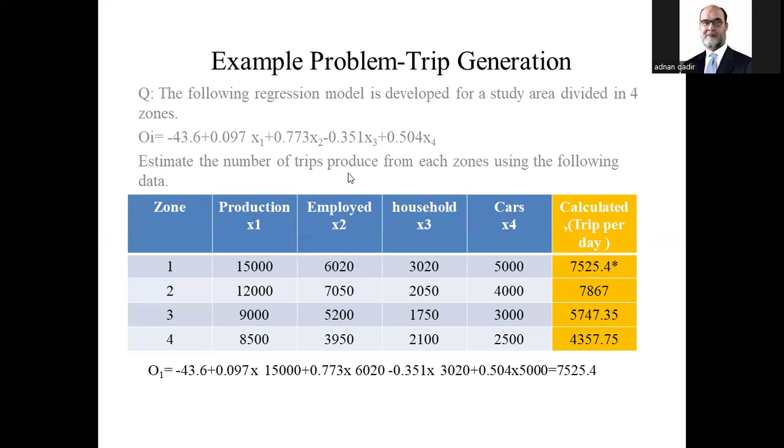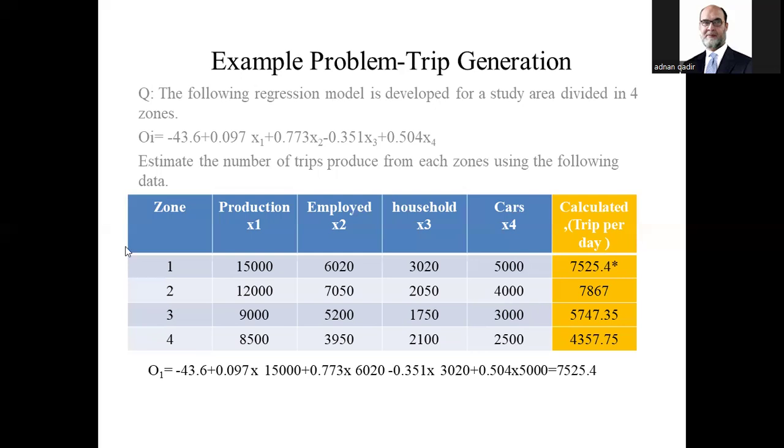Then minus 0.351 times 3020 plus 0.504 times 5,000. So that makes 7525.4.